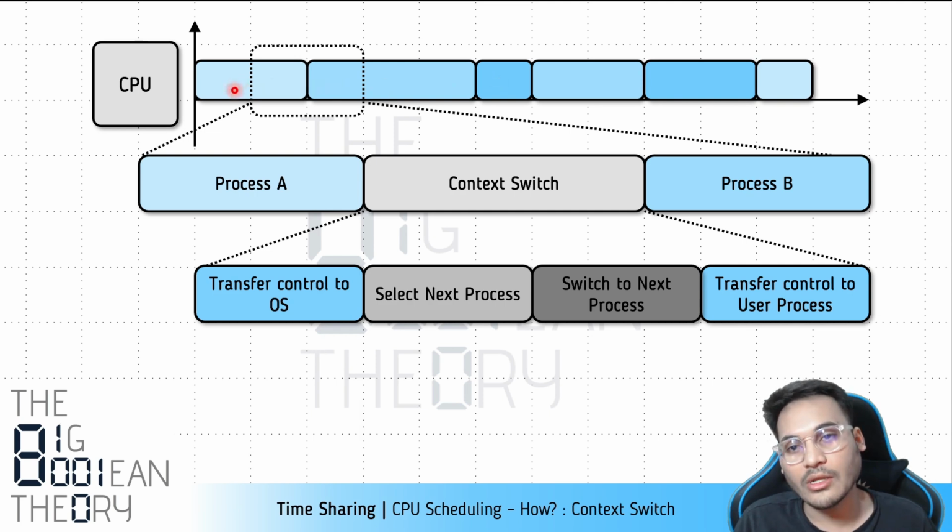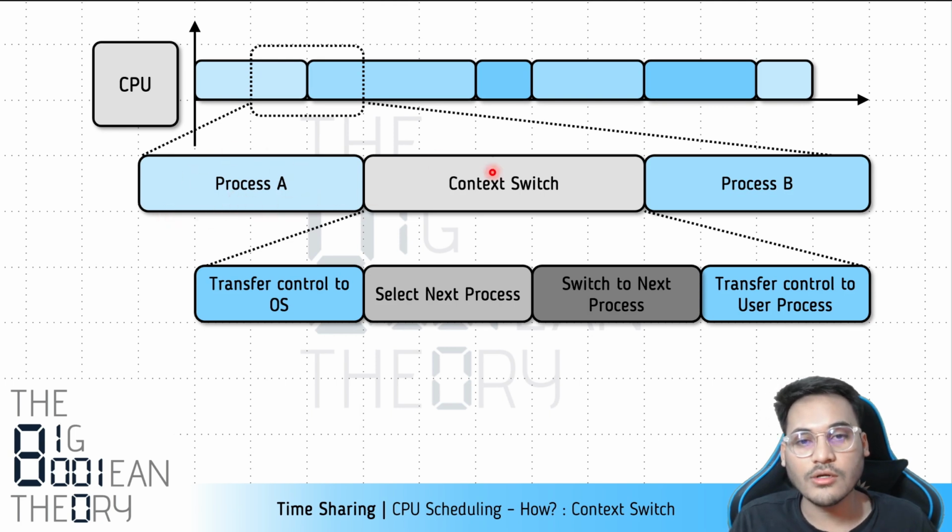When we are interested in understanding the mechanism behind CPU scheduling, we have to look at the part where we are switching between processes. If we look closely at the point where we are switching between two processes, you can see something like this. There is some process, let's say process A, that is initially running on the CPU.